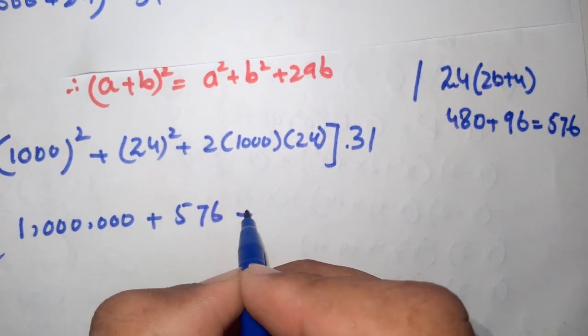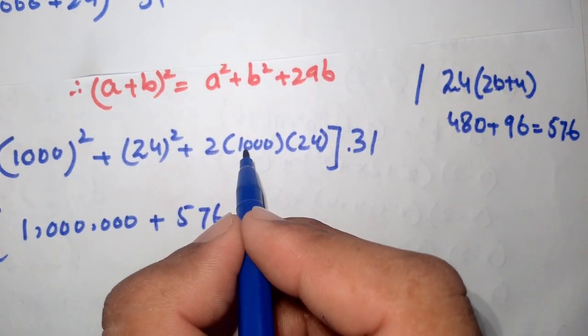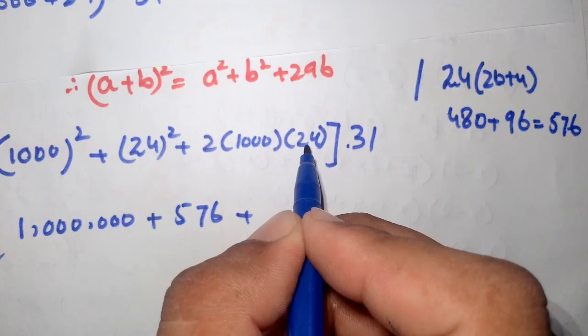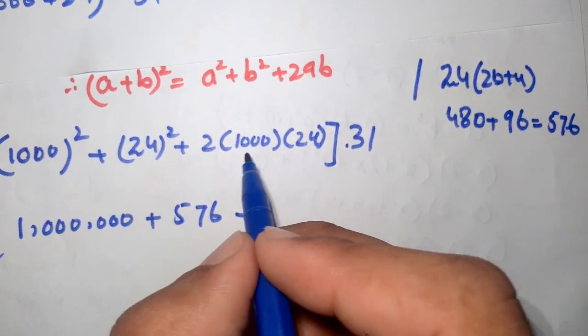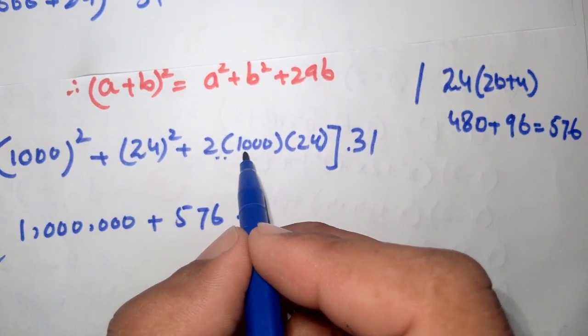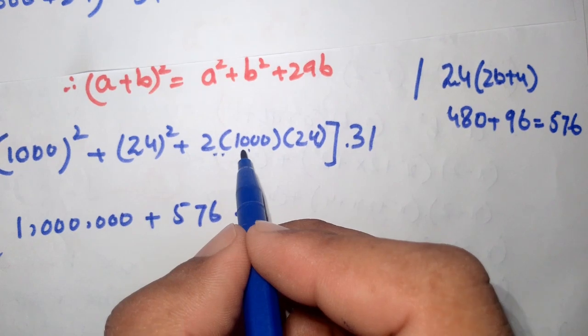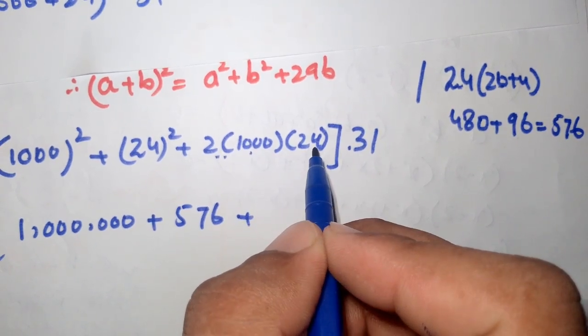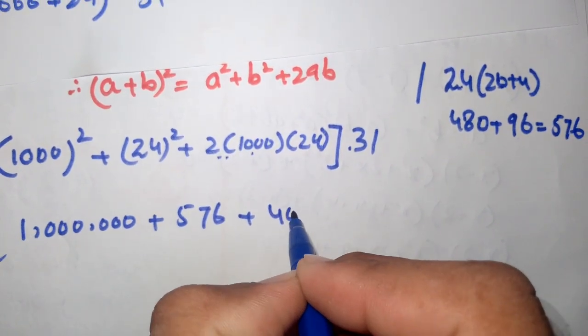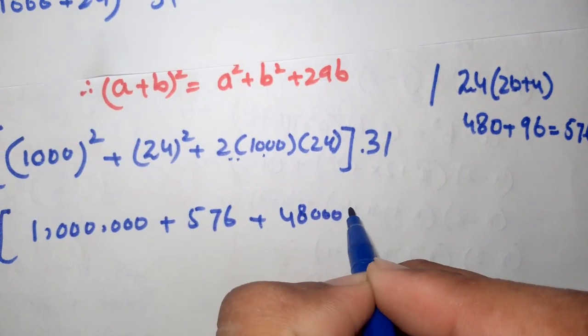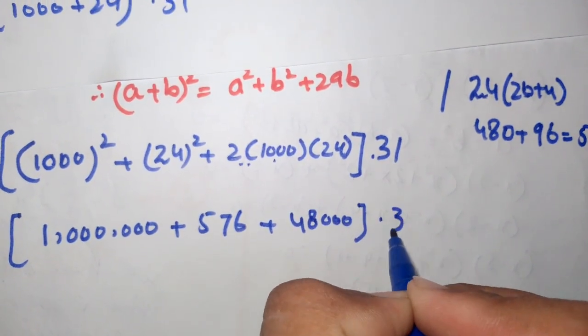So 576 plus 2 multiply 1000, this will become 2000. 2000 multiply 24, this will become 48,000, times 31.